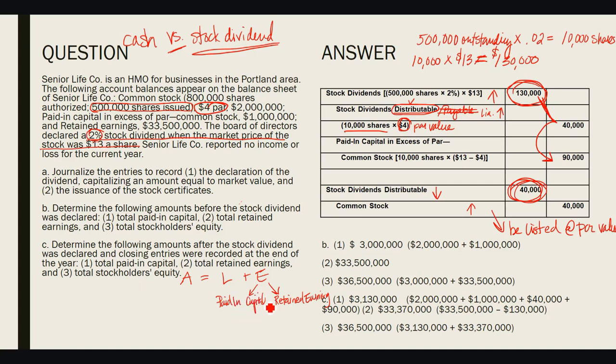And the idea is that both areas generate capital. Paid in capital generates capital from the sale of stock, whether that is common stock or preferred stock.